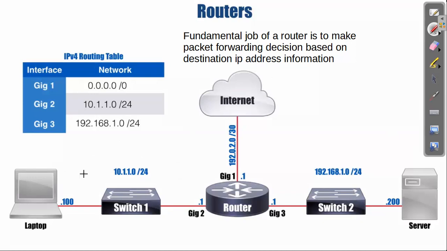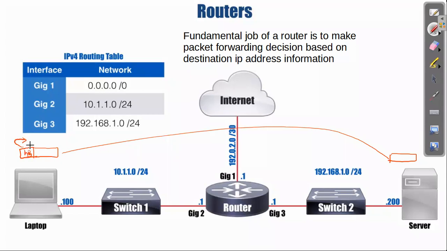Now, in this scenario, the laptop wants to send a packet to the destination web server. The packet must have an H3, that means a layer 3 header. The layer 3 header has the details of the source IP address and destination IP address, and it also has the data.